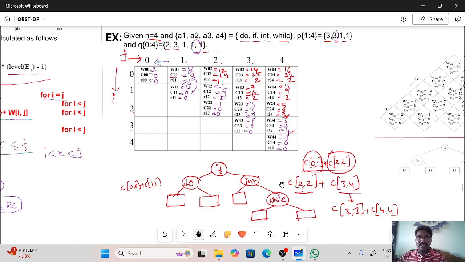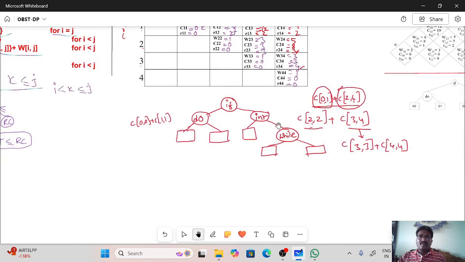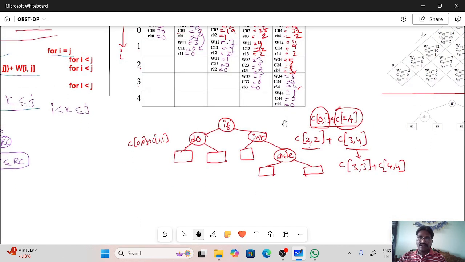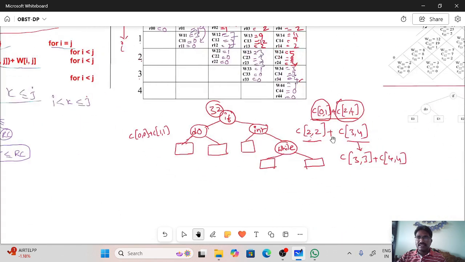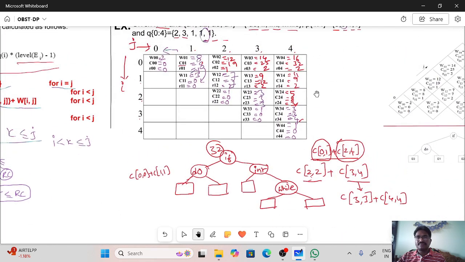So for this binary search tree, what is the cost we get? 32. So manually we can check by using that formula. By using this formula, definitely we will get the cost as 32.